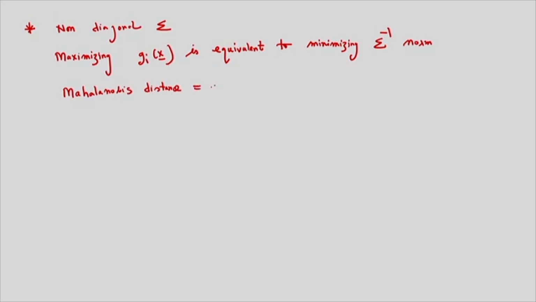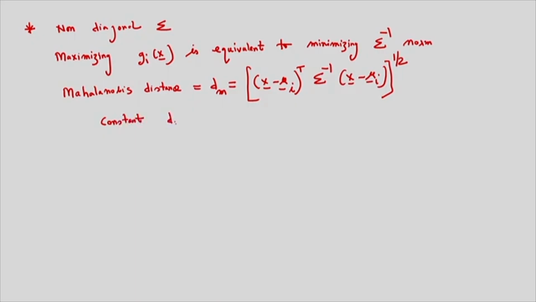So Mahalanobis distance you can write. So already I have defined. So it is (x minus mu_i) transpose (x minus mu_i). This is 1 by 2. So now let us consider the constant Mahalanobis distance. The Mahalanobis distance d_m is equal to c.